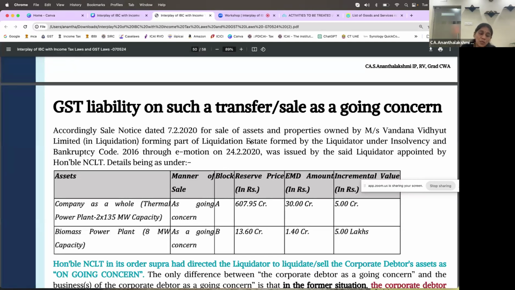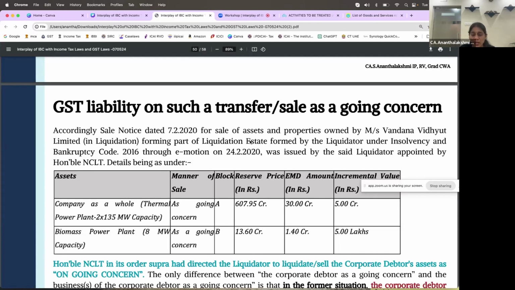So whenever you come across such a situation, kindly have a checklist. Ensure that you are meeting the conditions, because once the liquidator gets the amount, he has to disburse it. Before disbursing, it is his duty to pay the GST. Suppose he hasn't done so, then penal action will be imposed on him.